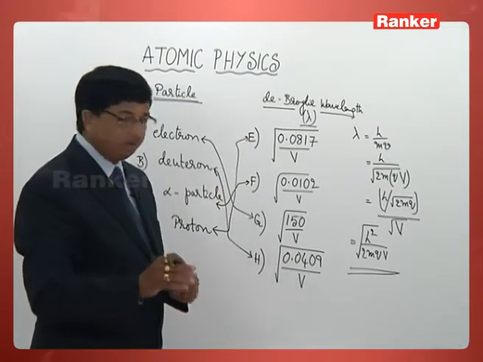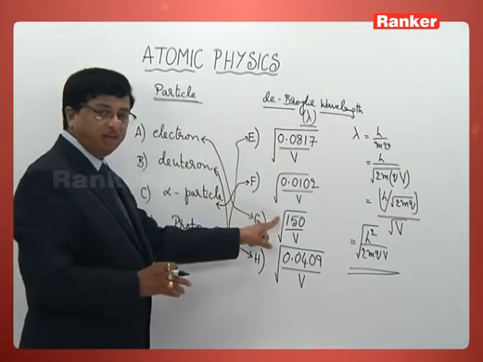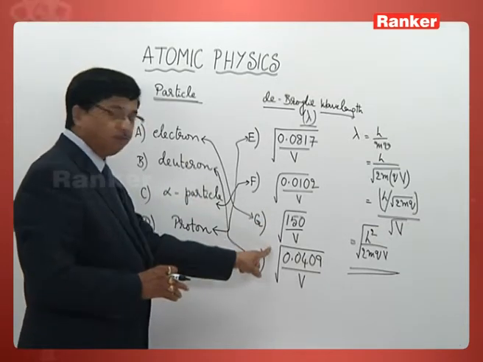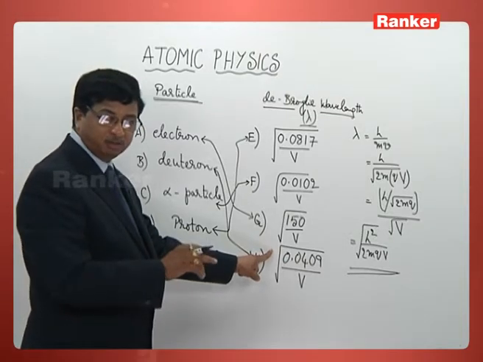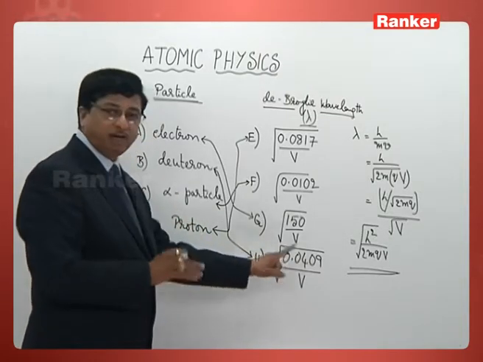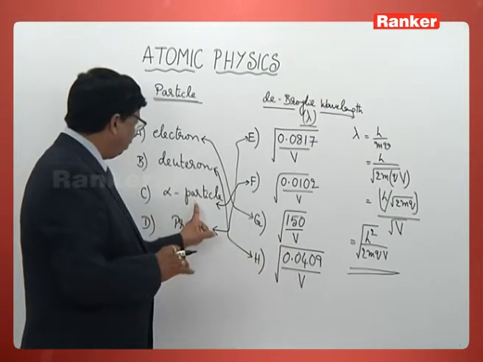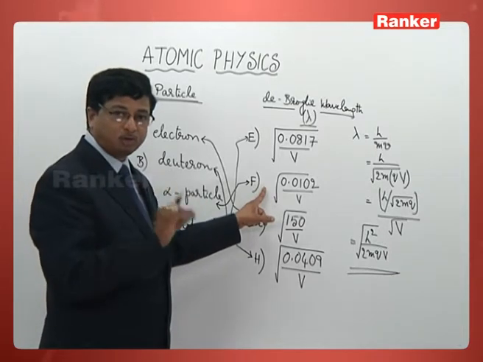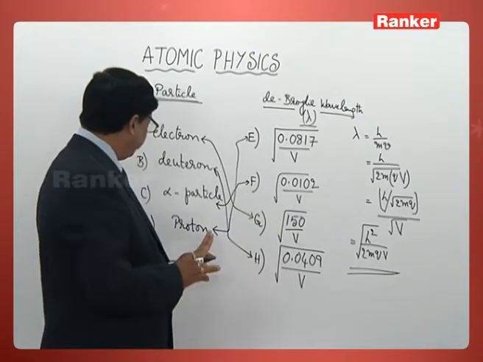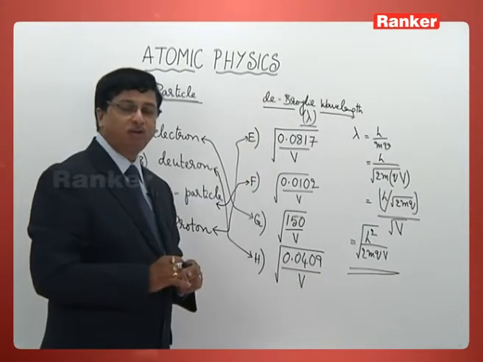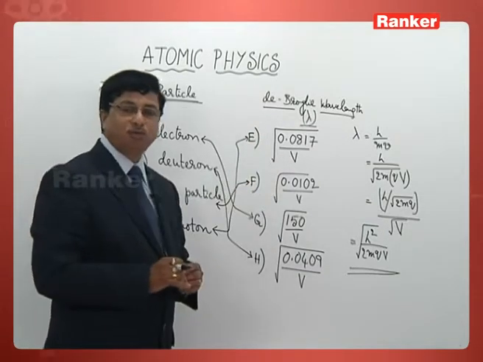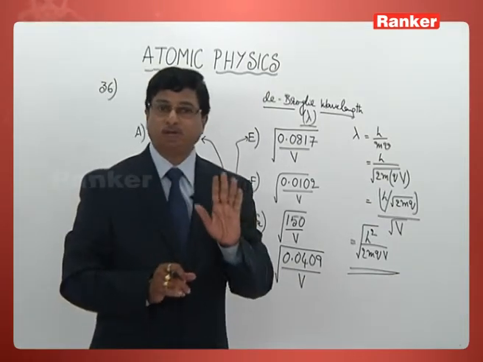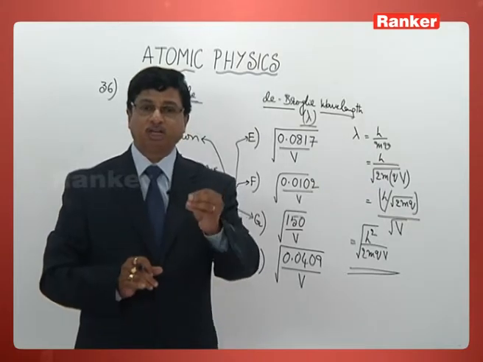Once again I repeat: for an electron, it's simply under root 150 by V. For a deuteron, it is root over 0.0409 divided by V. For alpha particle, it is under root 0.0102 divided by V. And for the last one, the proton, it is under root 0.0817 by V. In fact, to make you aware of these four values directly, we have taken up this problem.